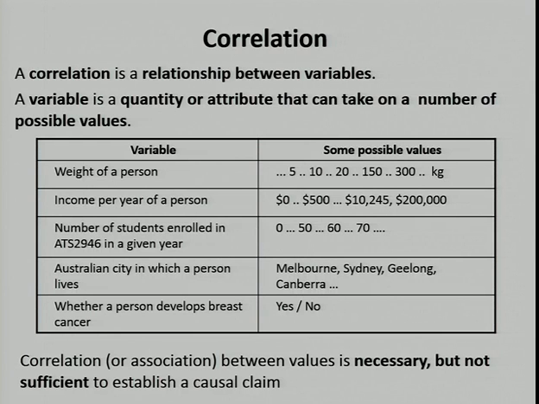It's just a co-occurrence of two different things, two variables, where a variable is typically something that can take on a number of different numeric values, such as height or weight or income, or even something like yes or no, 0 or 1. So first of all, that's what we're going to be talking about, variables and different values.